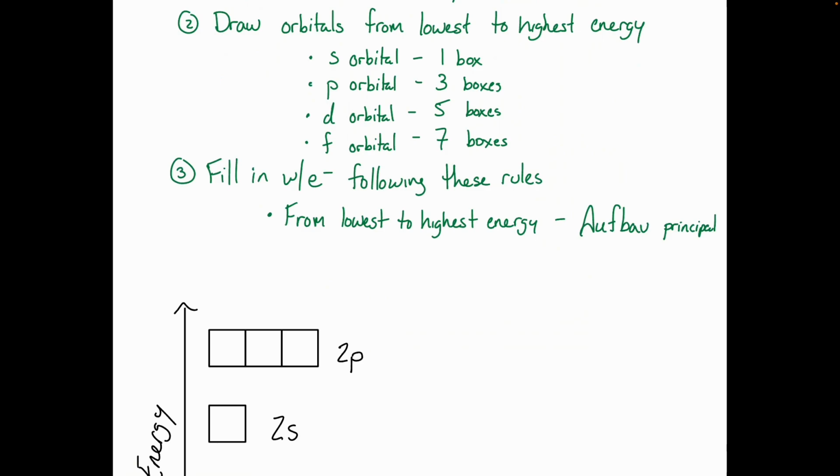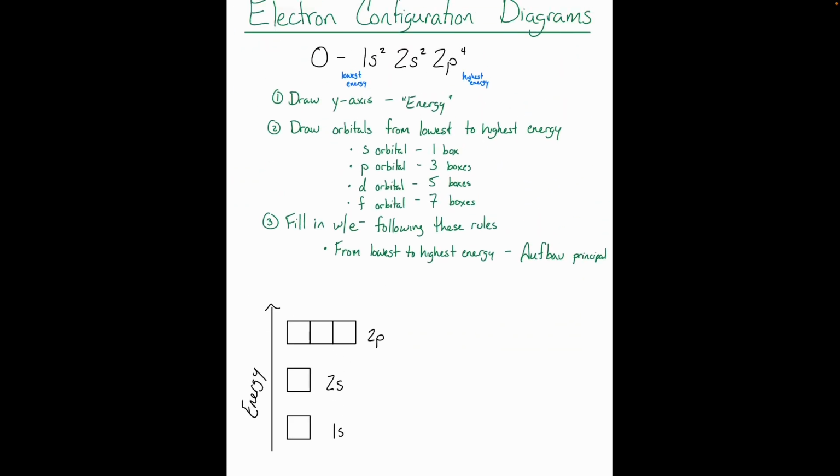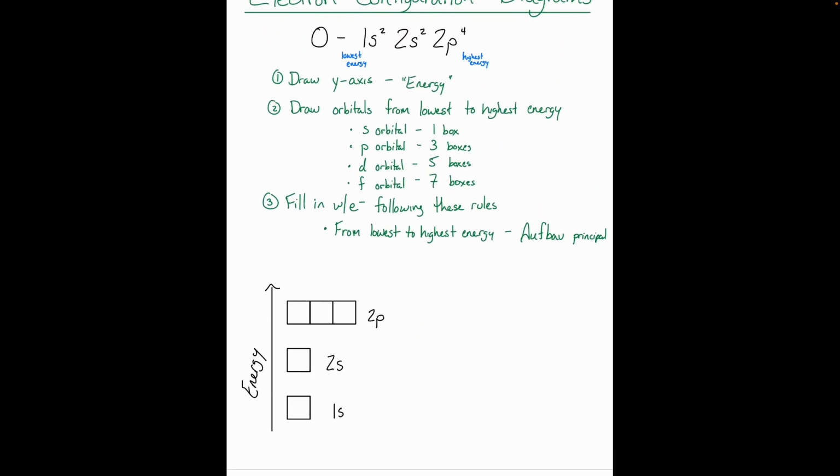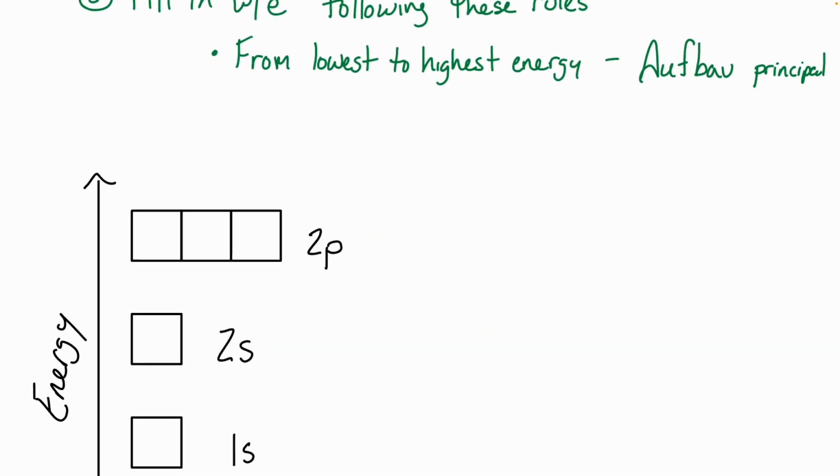All right, so which orbital am I going to start filling in first? The 1s, from the lowest energy to the highest energy. Okay, so to fill this in properly, we need our next rule. We can only have 2 electrons per box. One is going to be what's called spin up, which we represent with this upward pointing arrow.